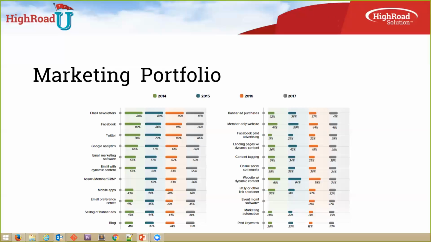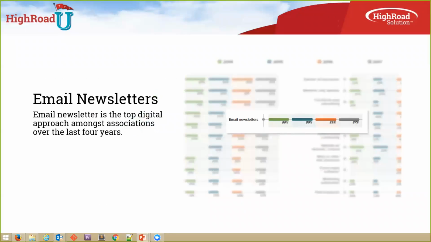But what we walk away with is that email newsletters are still a dominant channel or tool that we use to communicate with our members, right? Over the last 4 years, it's been at the top and probably will remain there for some time.